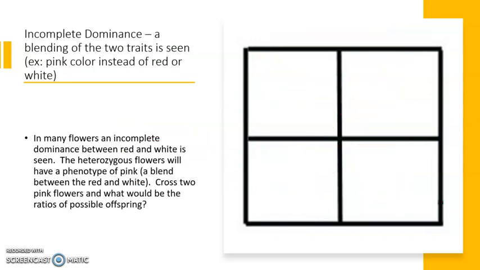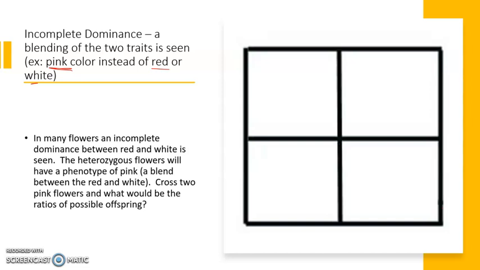So another type of dominance is called incomplete dominance. And this is when in that heterozygous individual, you're going to see a blended phenotype. So for example, say we have red is dominant and white is recessive, then that heterozygous is going to be a pink. So it's a blend between the two colors. It happens a lot with colors. So for example, if you had red flowers and yellow flowers, then your heterozygous might be orange.